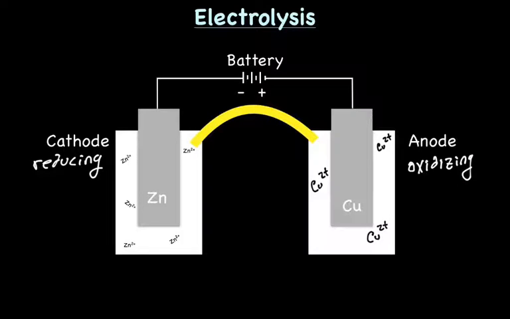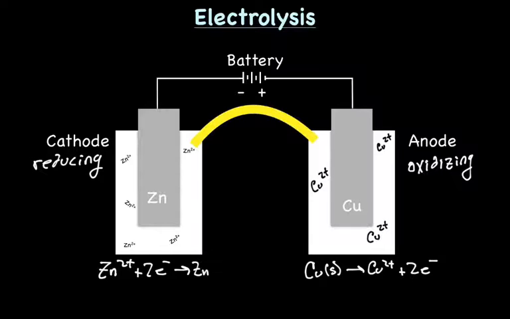And we can demonstrate that this is non-spontaneous because if we look up the standard reduction potentials: this is oxidizing, so copper solid produces copper 2+ and 2 electrons. And the reducing side, we would have zinc 2+ plus 2 electrons producing zinc solid.